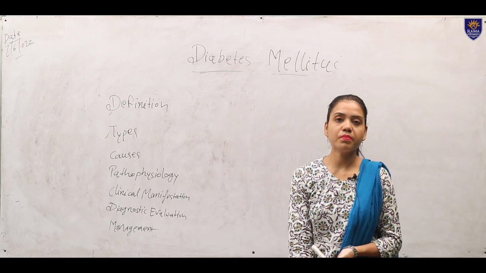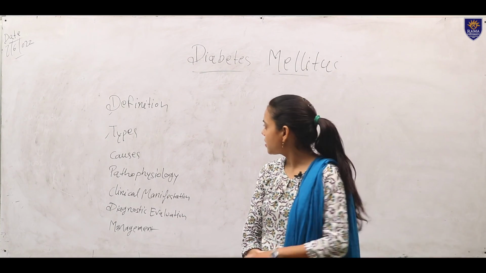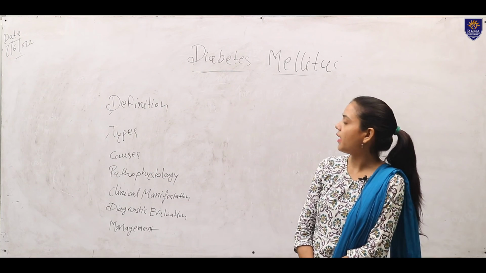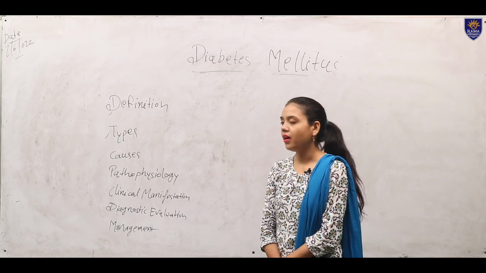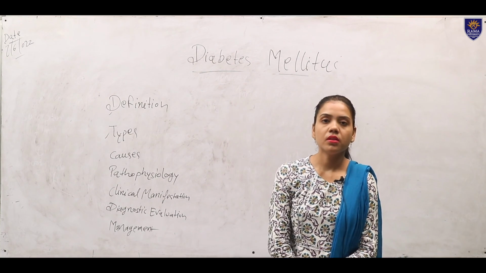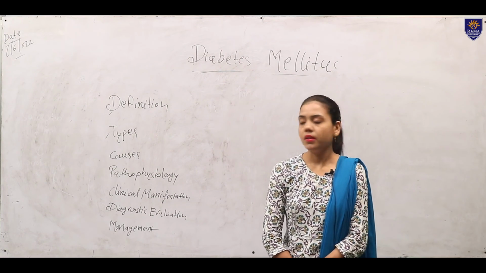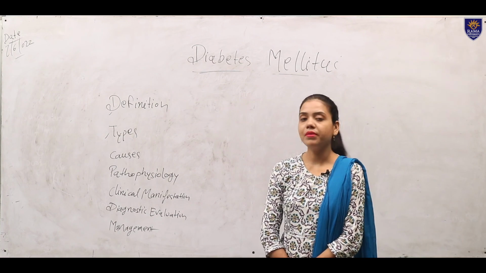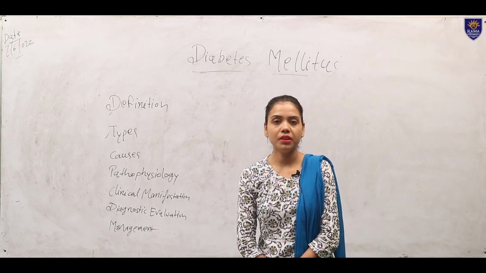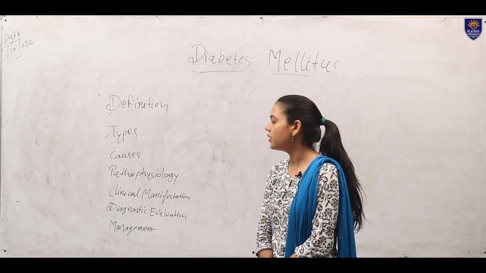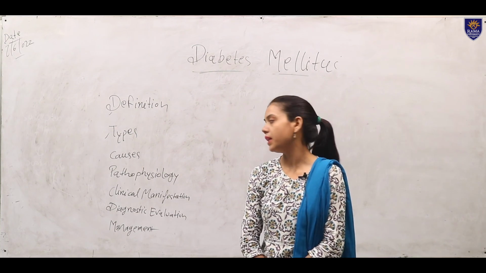So I summarize my topic. First is the definition, after that I discussed the types: type 1, dependent diabetes mellitus, type 2, independent diabetes mellitus, and third, gestational diabetes mellitus.